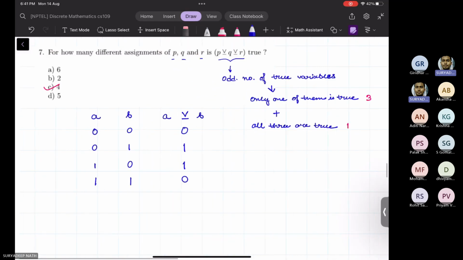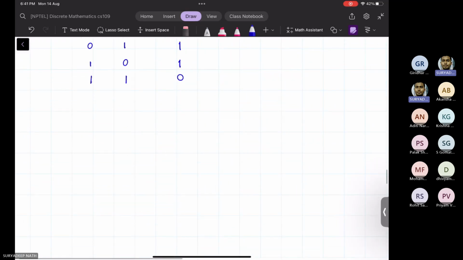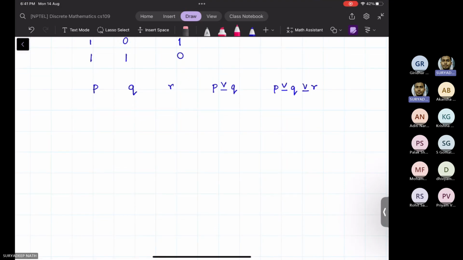Just for completeness, I will show you using the truth table. You have P, Q, R, and P XOR Q, and then P XOR Q XOR R. Let me write it down, starting with 0, 0.